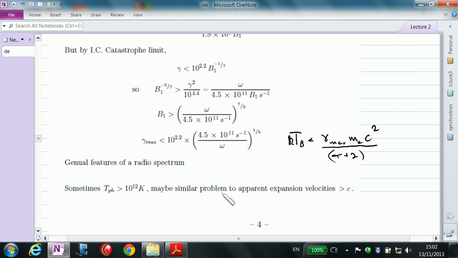So I have a running dispute with the rest of the community, but in recent years, people have started believing that it's not an optically thin synchrotron, that it's really a photosphere from an optically thick surface.